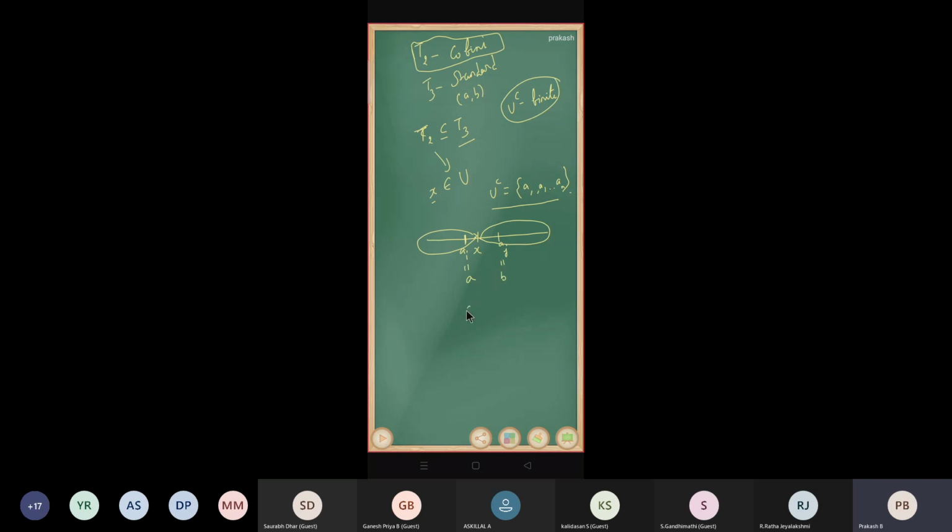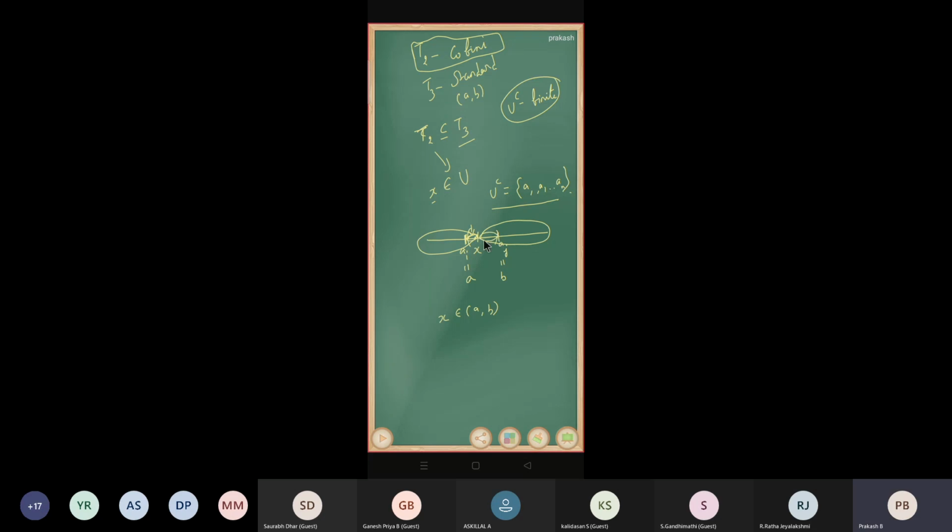Then the open interval (a, b) must contain the element x, right? And you know that a is the largest one on the left. Therefore, in this portion, there is no other element of U complement. And here also, there is no element from U complement.